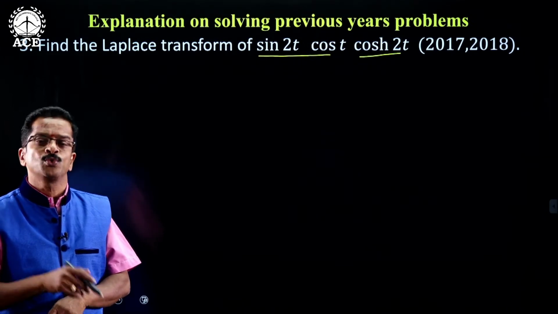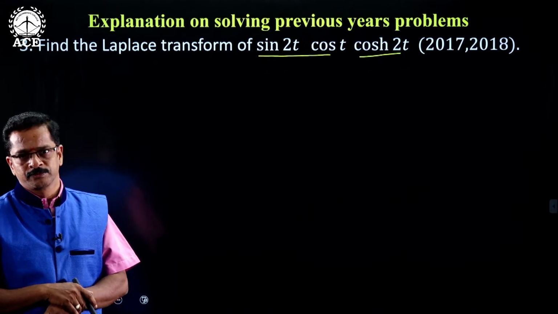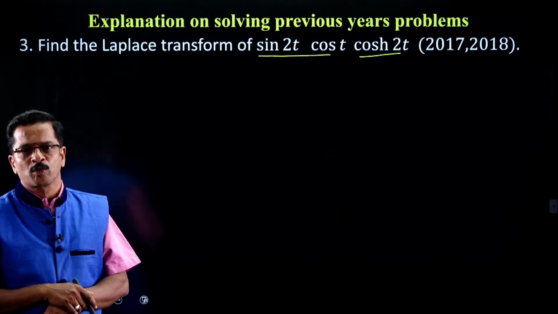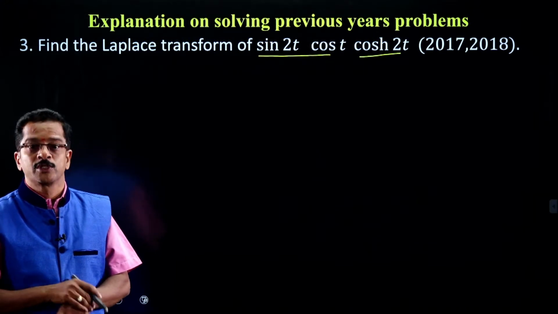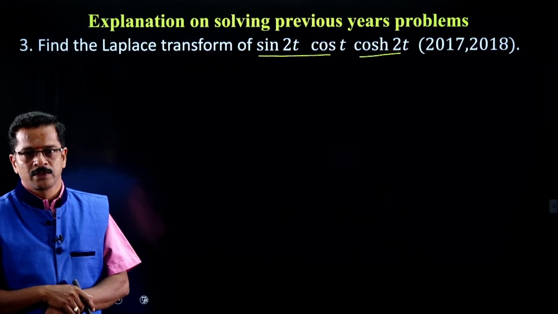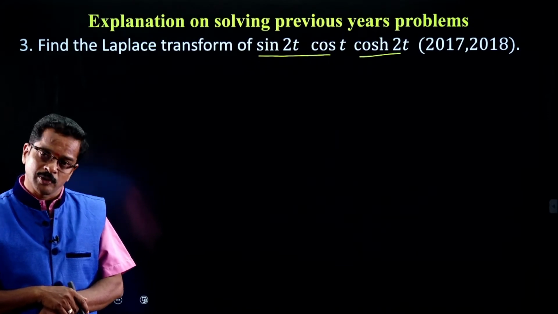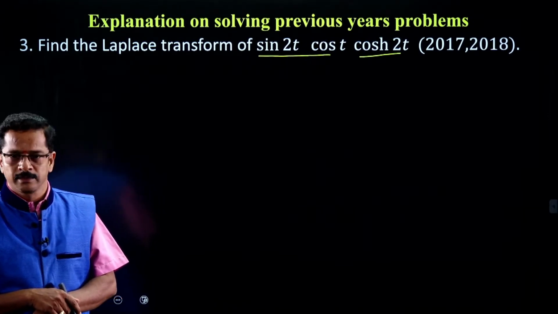So likewise, you need to identify the problem. First, read the problem carefully. Identify which property you can apply, which property is convenient to find the Laplace transform, to solve the problem. Right?